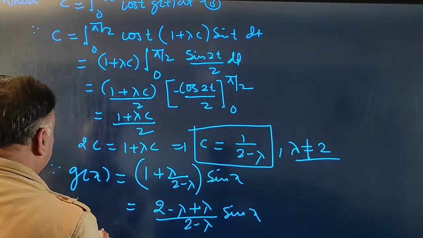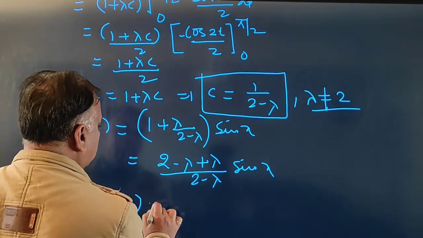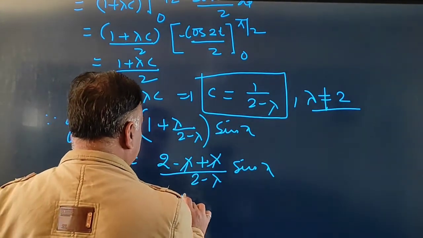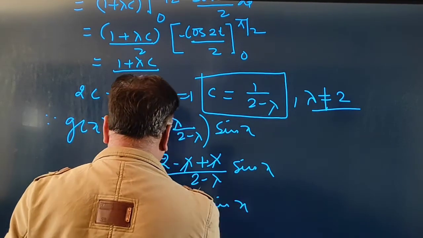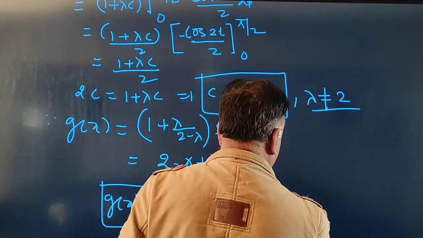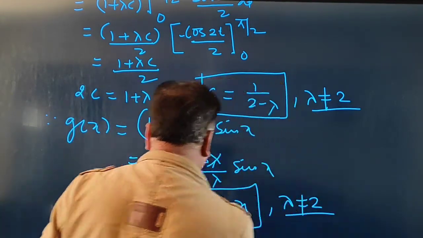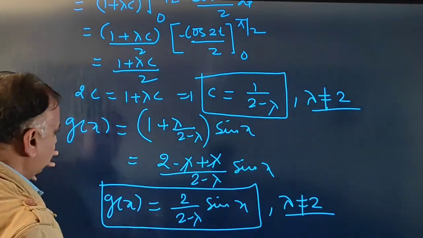Lambda is cancelled, so g(x) = 2 upon 2 minus lambda into sin x, where lambda should not be equal to 2, and this is the required solution of the given integral equation.